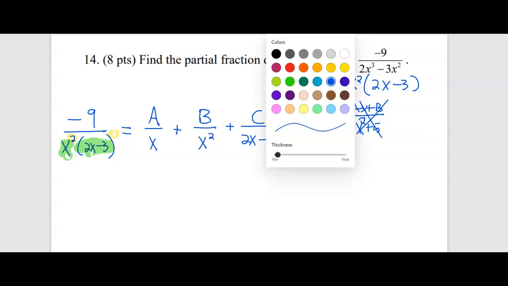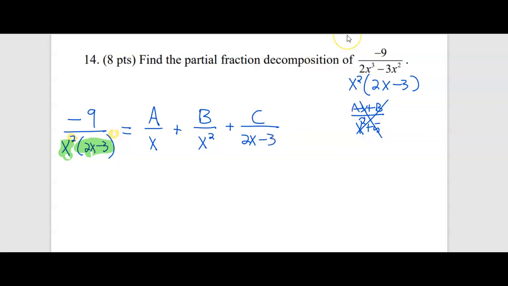Okay, the next step is to clear fractions. We multiply by the LCD, which is the original denominator, every time. In each fraction, something different will reduce, so it's a good habit to write what you're multiplying by each term. For example, with the first, everything reduces.